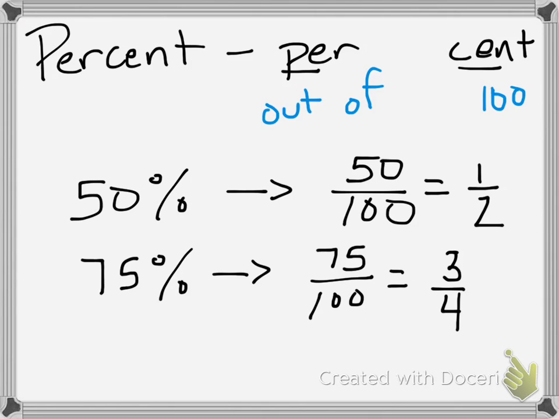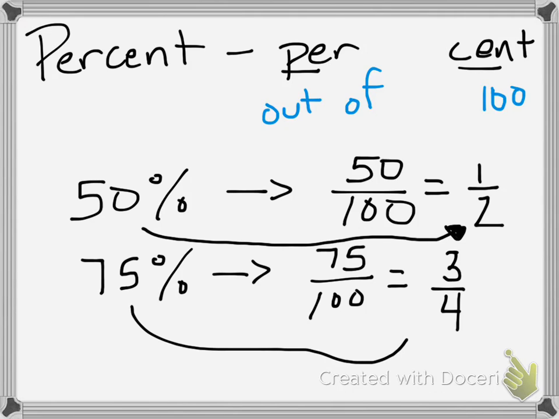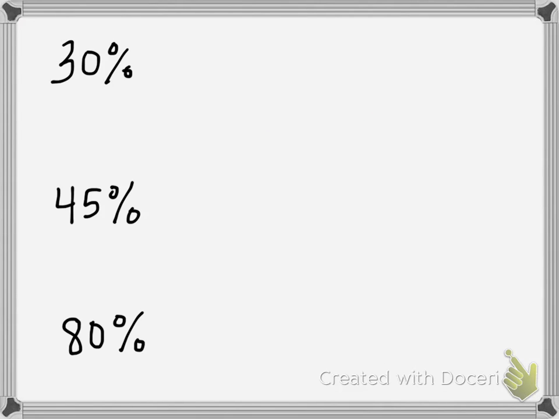So this gets us to an interesting thing, and that is that 50% is equivalent to 1/2 when we see that fraction reduced, and 75% is equivalent to 3/4. Because we know percents are always out of 100, then we can quickly write them as fractions, and many of those fractions will be able to be reduced.